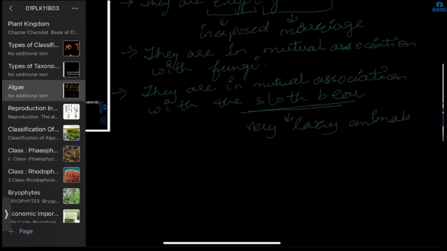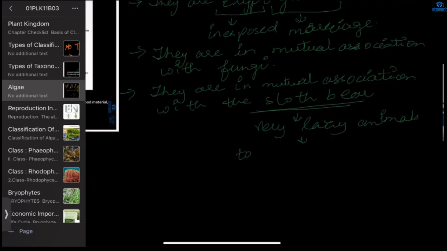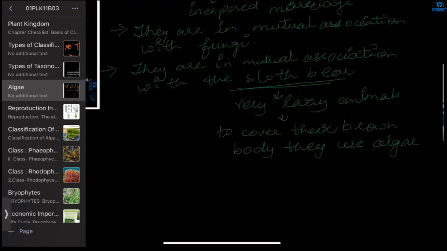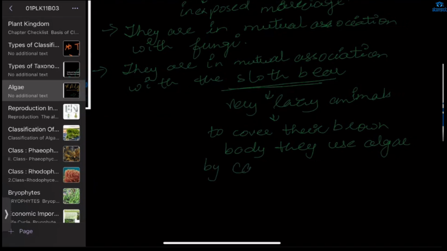They are having brown bodies, and to cover their brown bodies, they use algae. Now not only to cover their body, but for protecting their body against the enemy. Who is the enemy? The big animals which can eat them or kill them. From the protection of that kind of animal, they camouflage themselves by making association with algae.